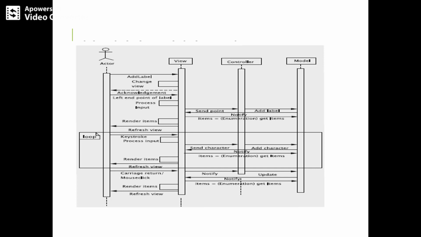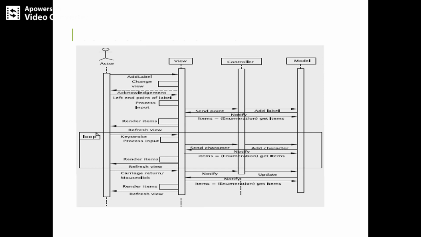Similarly, the items will be taken as an enumeration, get items, and render the items. After that, this is what we have taken for one character, refresh view.